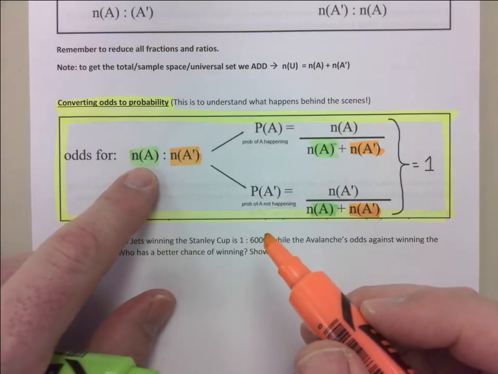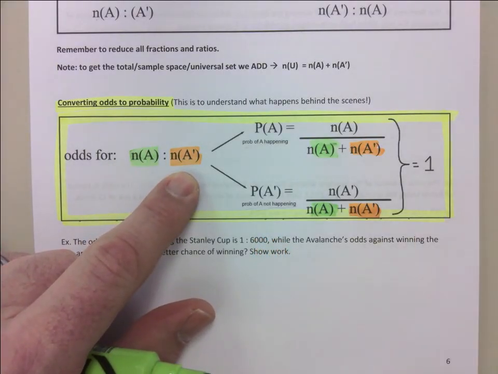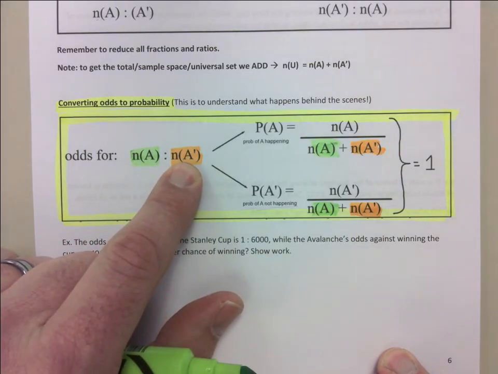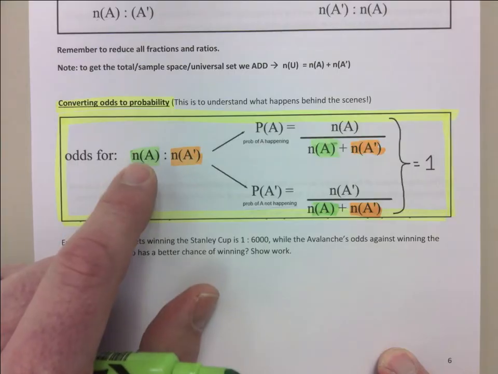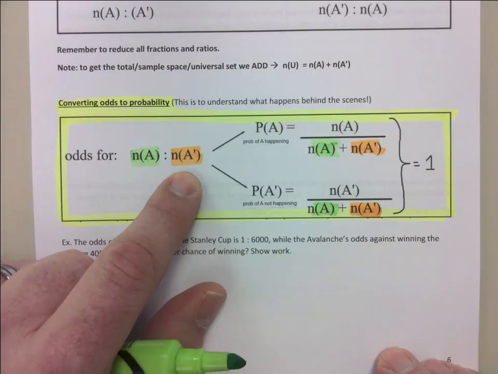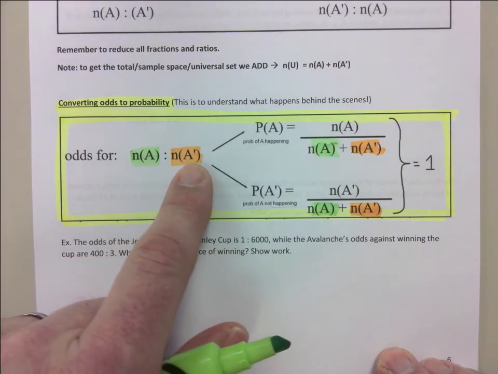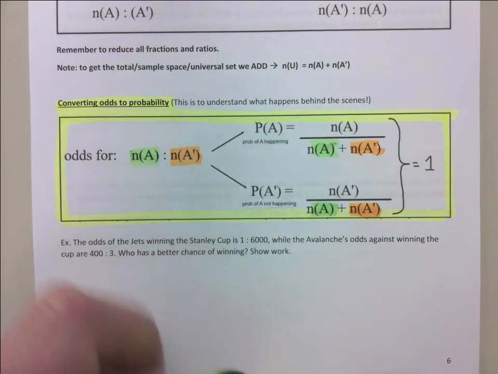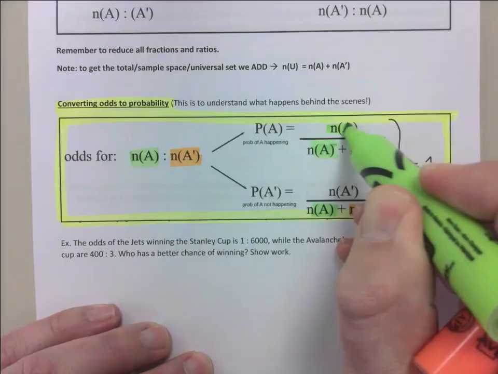If I give you the odds in favor of something happening, so let's say today, falling asleep in Mr. Erickson's class, there's a 7 to 3 chance of that happening, right? So out of 10 people, 7 will fall asleep, 3 will not. What if I ask you what's the probability of somebody falling asleep? You're going to grab this number and put it up here.